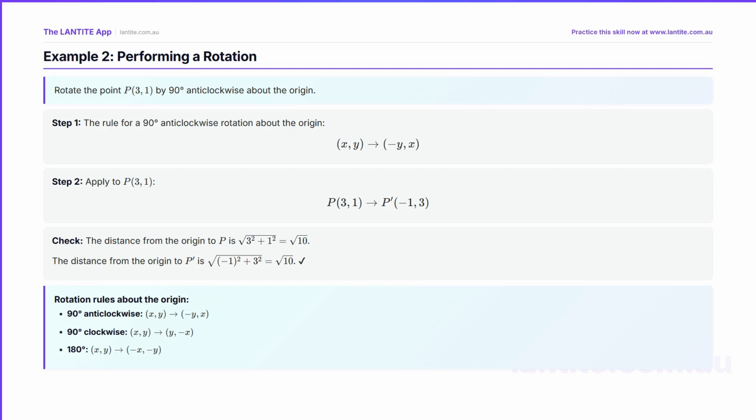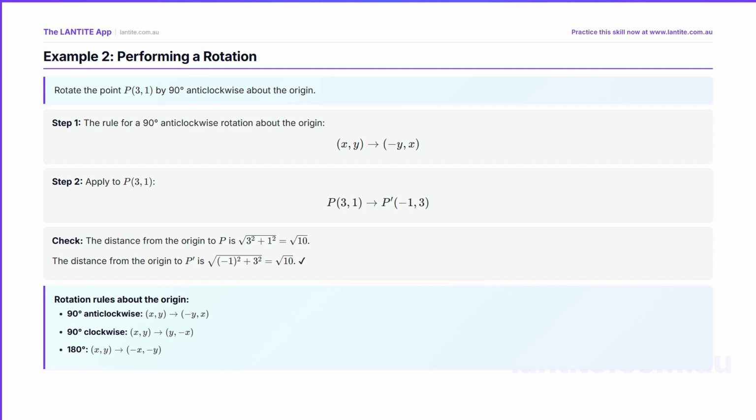Let's rotate a point. We want to rotate the point P at (3, 1) by 90 degrees anti-clockwise about the origin. The rule for a 90-degree anti-clockwise rotation about the origin is that (x, y) becomes (-y, x). So P at (3, 1) becomes P' at (-1, 3). We can check this is correct by verifying that the distance from the origin has not changed.